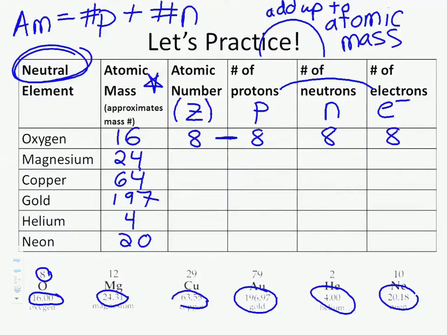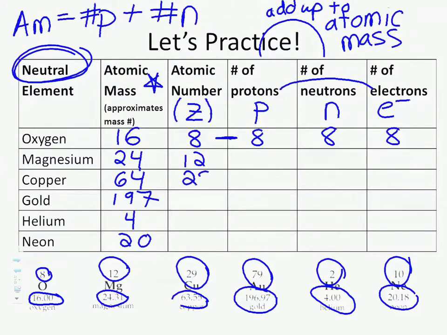Okay? The atomic number, that's our top number, remember? Our atomic number for copper is 29. Our atomic number for gold is 79. Our atomic number for helium, well, I almost wrote helium, is 2. Our atomic number for neon is 10.